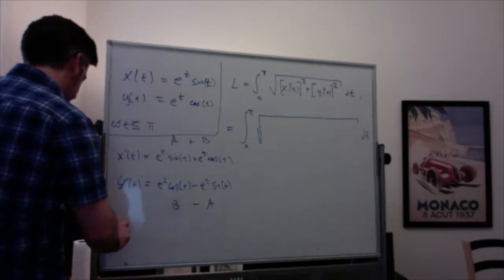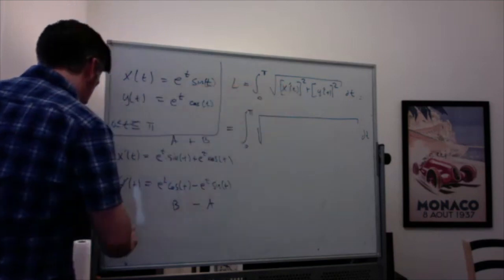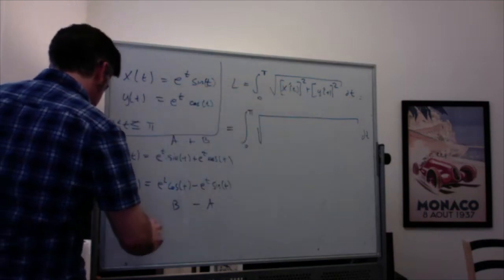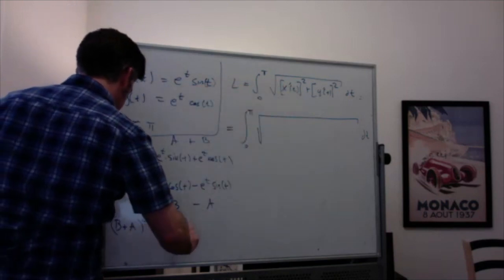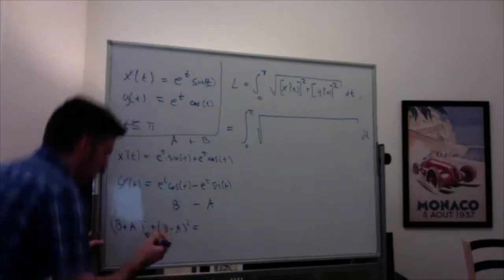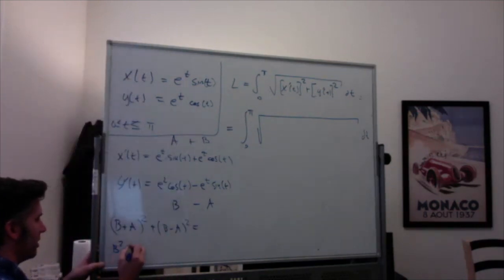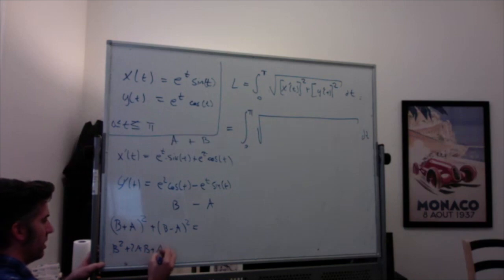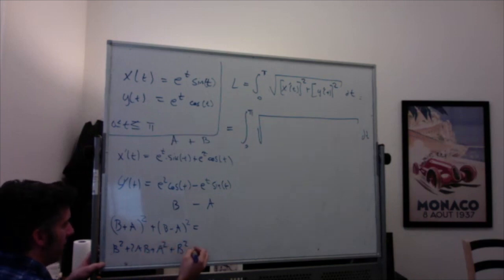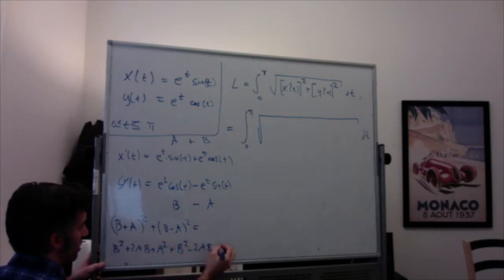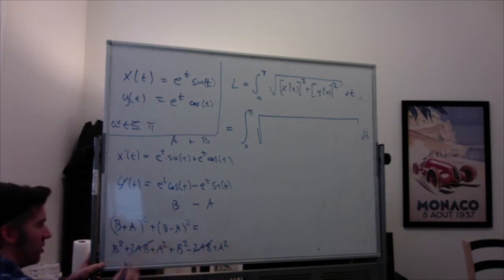So I've got b plus a squared plus b minus a squared. And if we square this out, we get b squared plus 2ab plus a squared plus b squared minus 2ab plus a squared. The 2ab's will cancel out.